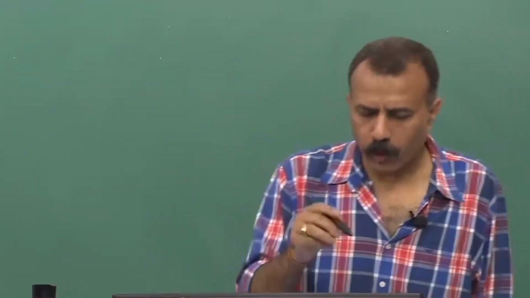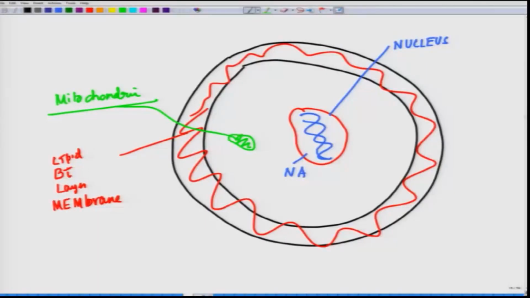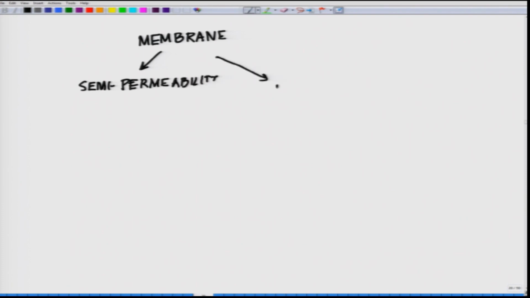But what we know is that it forms a membrane, and this membrane has semi-permeability. It does not allow everything to go in or go out. It has a lot of transport rules and regulation, as I was telling you.